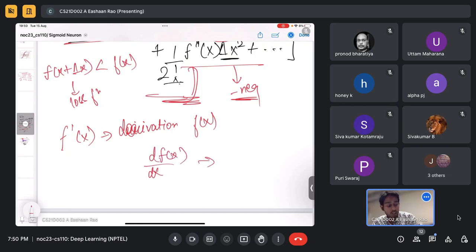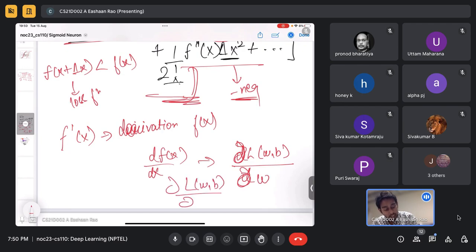In terms of the loss function, we will write it as dL of L(w,b), partial by w, or partial of L(w,b) by partial b. So these are the partial derivatives that we are talking about, because we have two parameters. If you have only one parameter, it is typically a derivative. So if you know this concept, it's okay.